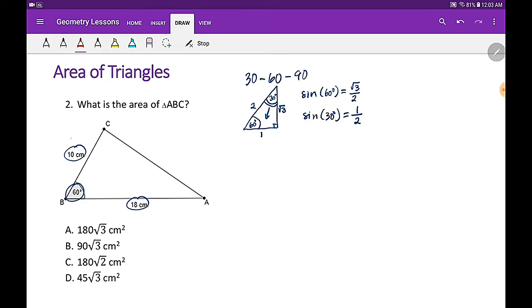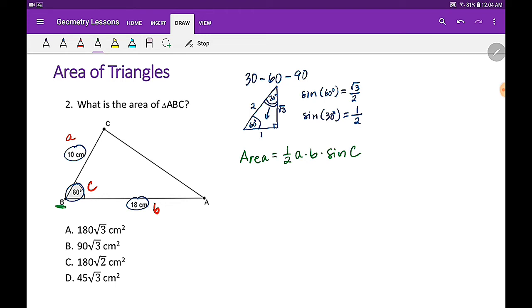The area is equal to 1/2 times a times b times sine C. It doesn't matter what name is given in a particular triangle. Do know that angle C is the angle in between the two sides.